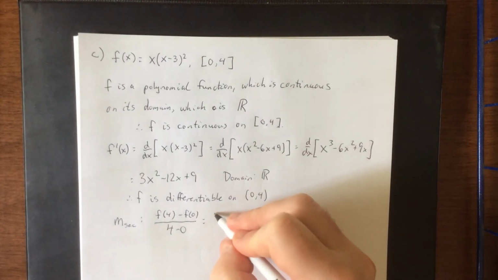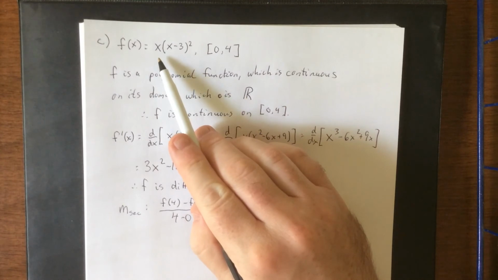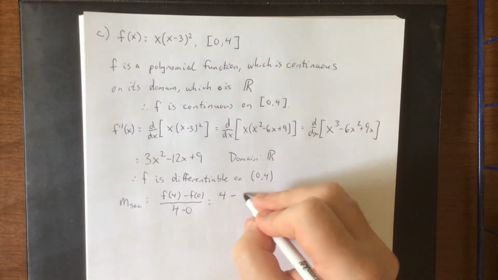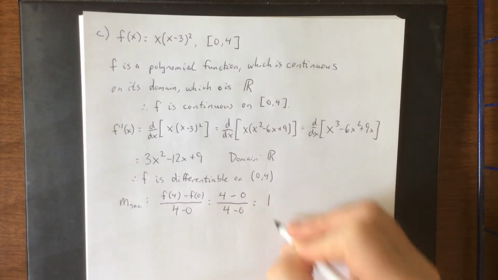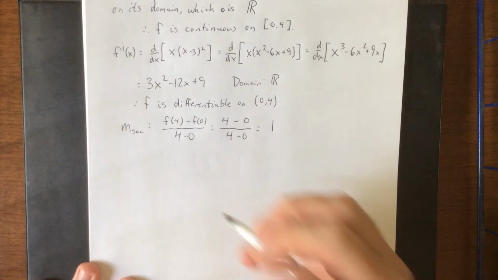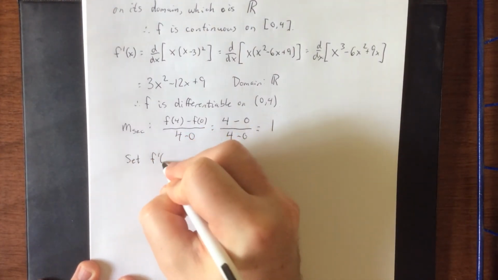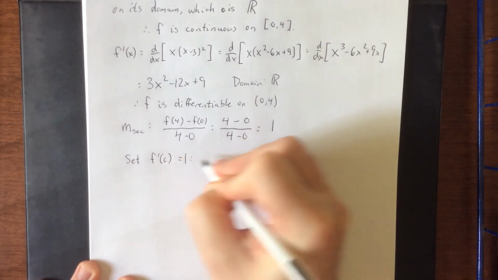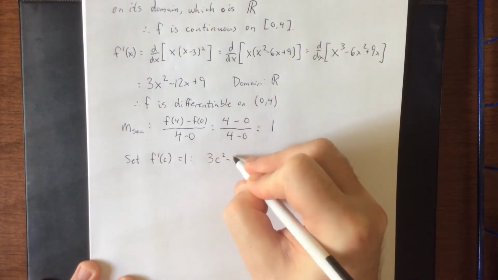That's 4 times 1 squared, that'll be 4. And plugging in x equals 0 will give us 0 times something, so it's 0. So that's 4 minus 0 over 4 minus 0. That's going to simplify to 1. Therefore, we are going to be setting f prime of c equal to 1 and solving for c.